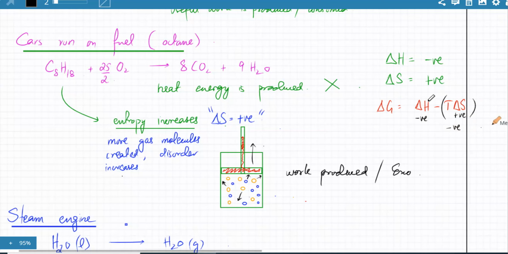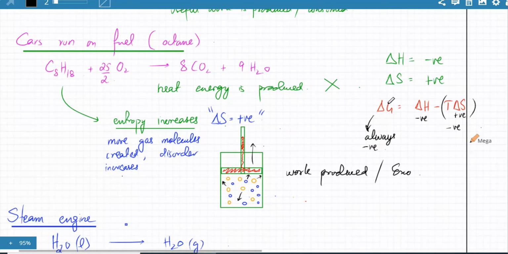The first term is negative and the second term is also coming out negative. So that means delta G is always going to be negative. There is no possibility that it's going to turn positive. So this reaction is always feasible, no matter what the temperature is.